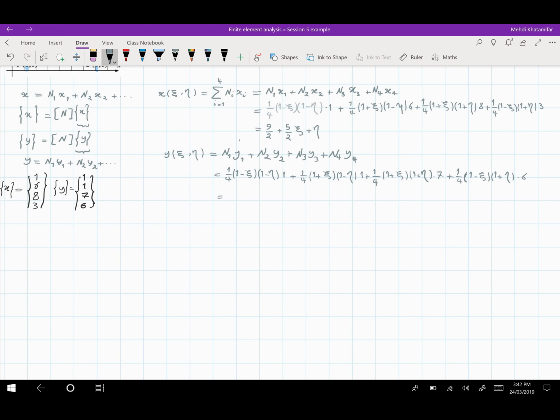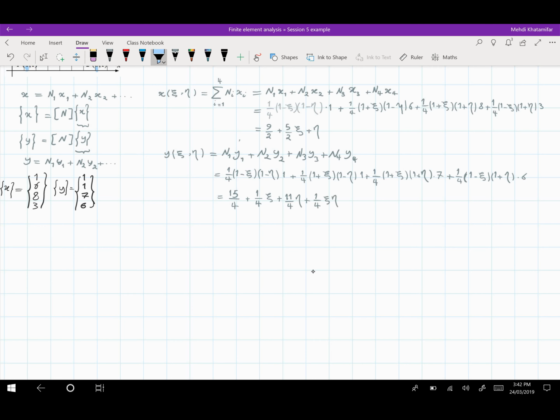Let's simplify it, and we are going to reach 15 over 4 plus 1 over 4 psi plus 11 over 4 eta plus 1 over 4 psi eta.